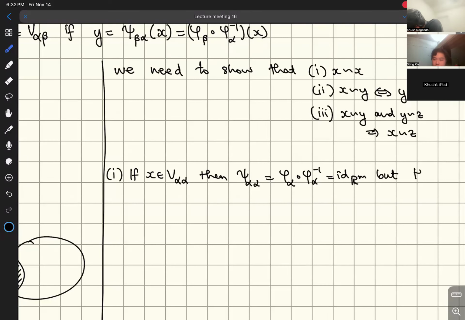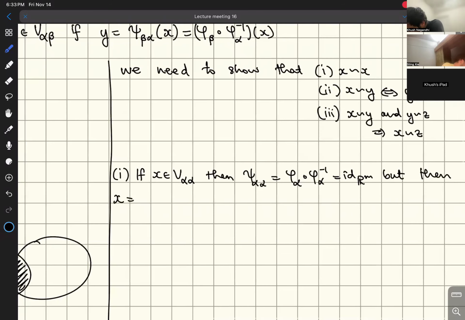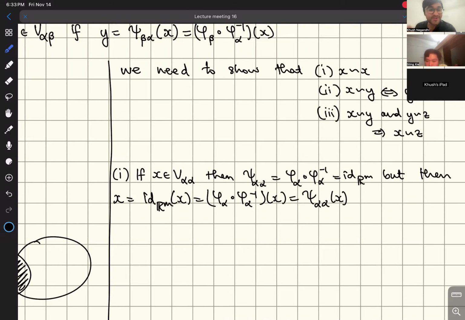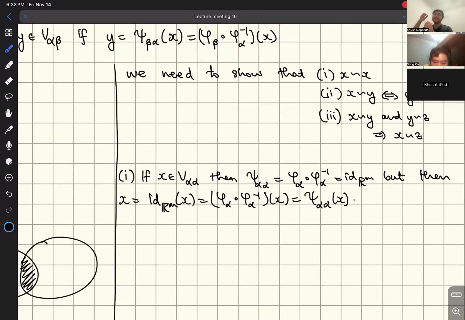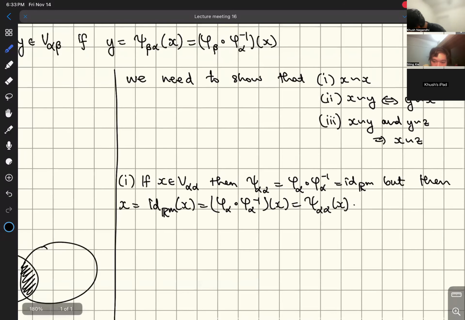But then x is equal to the identity on R^m of x, which is phi alpha composed with phi alpha inverse applied to x, which is psi alpha alpha of x. So they're related by a change of coordinates, which shouldn't be surprising. That x and x are related by a change of coordinates. Hence x is equivalent to x.